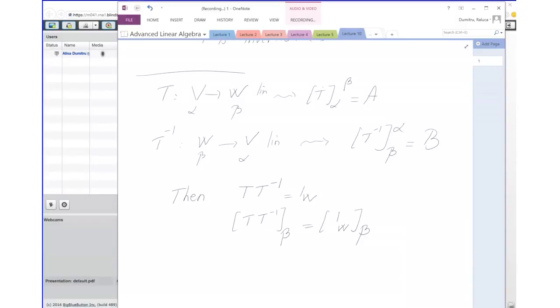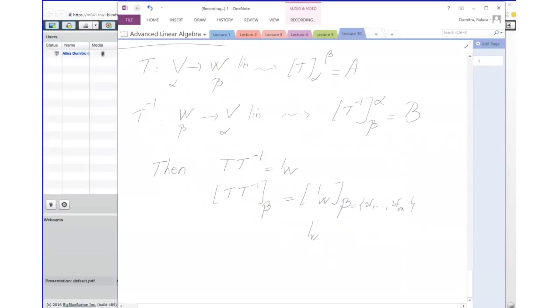What's the matrix of the identity transformation in any kind of basis? So I have a basis beta, w1 through wn. To find the matrix of the identity, I need to apply it to the jth element of the basis. What do I get? Identity doesn't change anything. So I get wj. But formally, I get this.